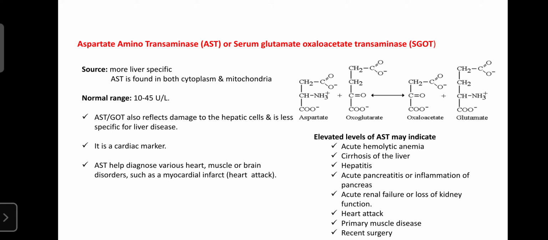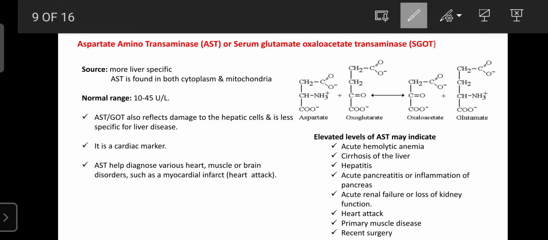The normal range of AST is 10 to 45 units per liter. AST, that is SGOT, can be helpful to note damage of the hepatic cell, but it is considered a less specific marker for liver disease.